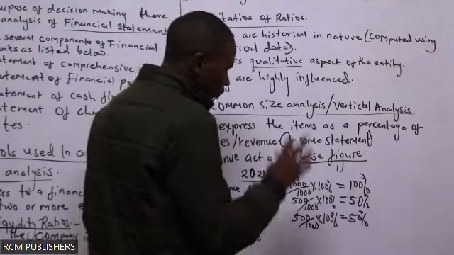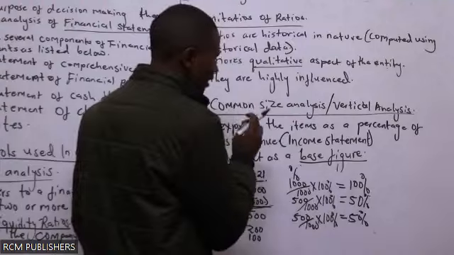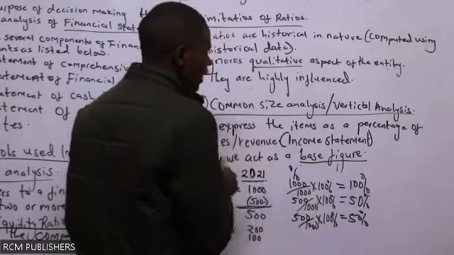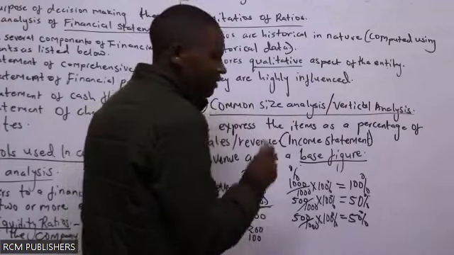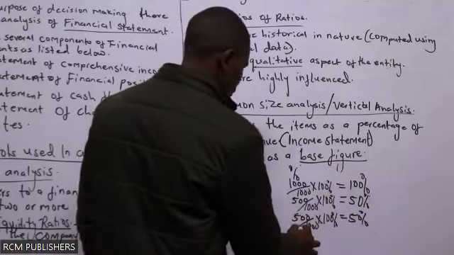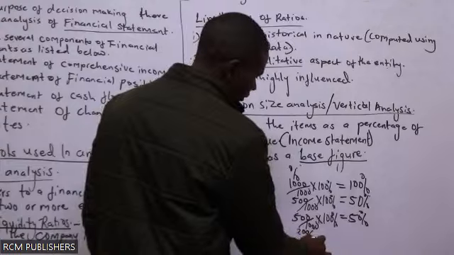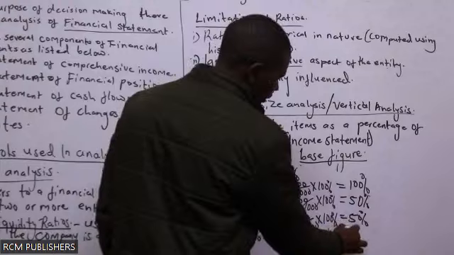Can you write somewhere down here, maybe below this, that under balance sheet, the common or base figure is total asset. Just write in your own words. So this will be 200 divided by 1,000, then you multiply by 100%, which will give me 20%.